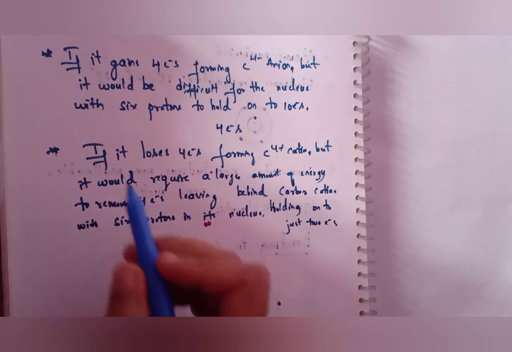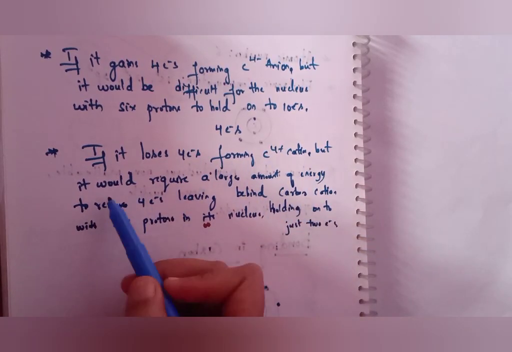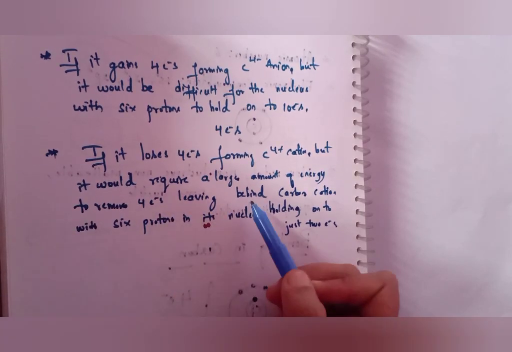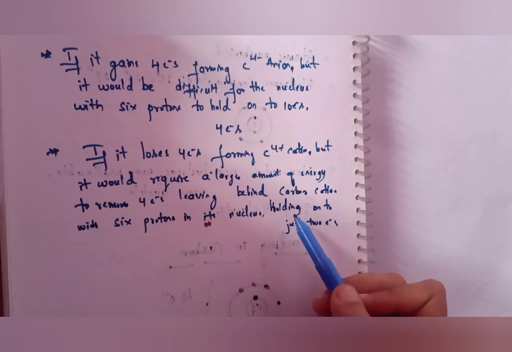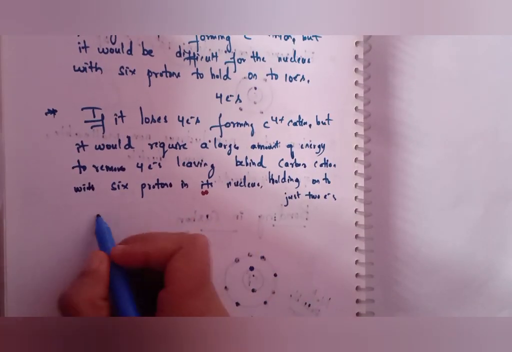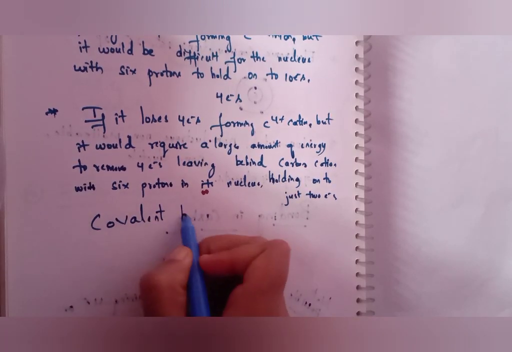And in the other case, if at all it loses 4 electrons forming C4 plus cation, it would require a large amount of energy to remove 4 electrons, leaving behind a carbon cation with 6 protons in its nucleus, holding on to just 2 electrons. This is the reason why carbon cannot form an ionic bond. The bond formed in carbon is covalent bonding, that is, mutual sharing of electrons takes place in carbon.